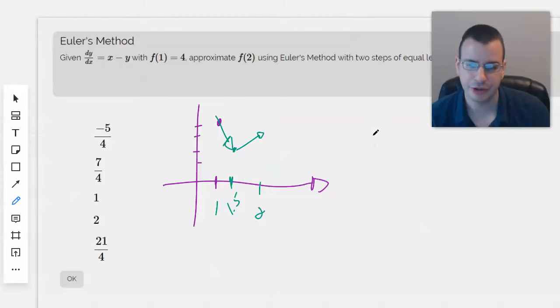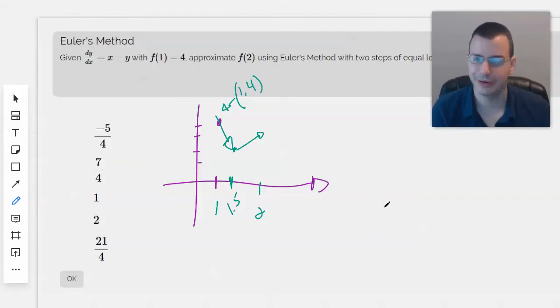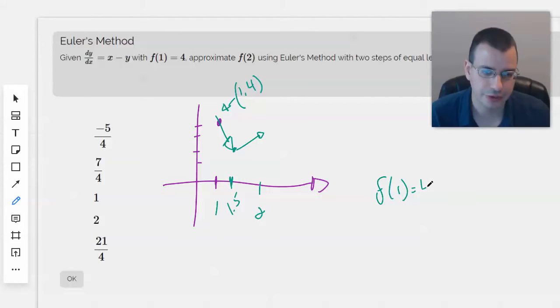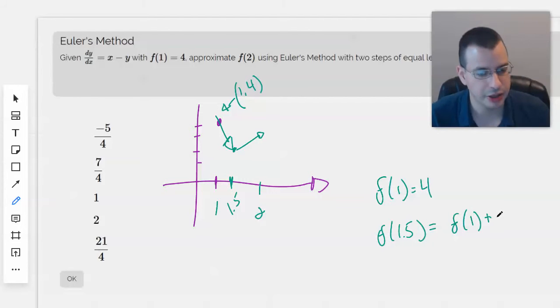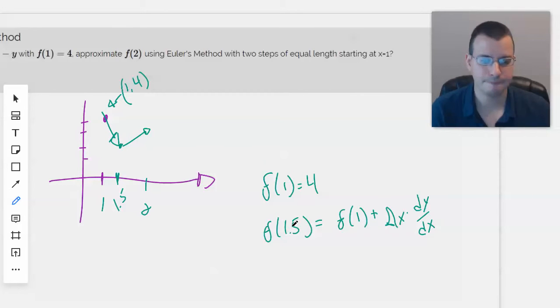So let's see, our first point is (1, 4). I know it's confusing, I just drew an extra arrow on there. So f(1) equals 4. f(1.5) equals f(1) plus, and I'm going to write this as delta x times dy/dx, where delta x is the difference between 1.5 and 1.